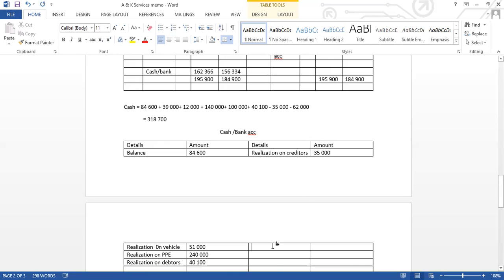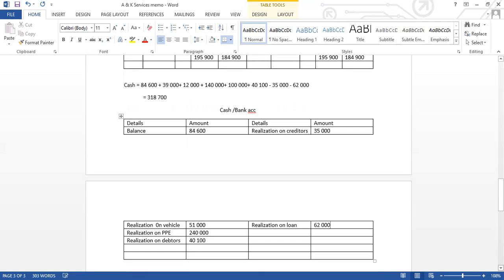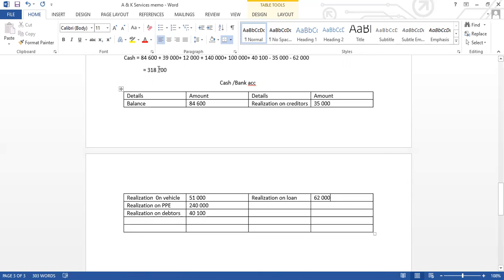And then realization on loan of 62,000. Okay. So if we balance off our cash account, we'll then have a balance of 380,700.